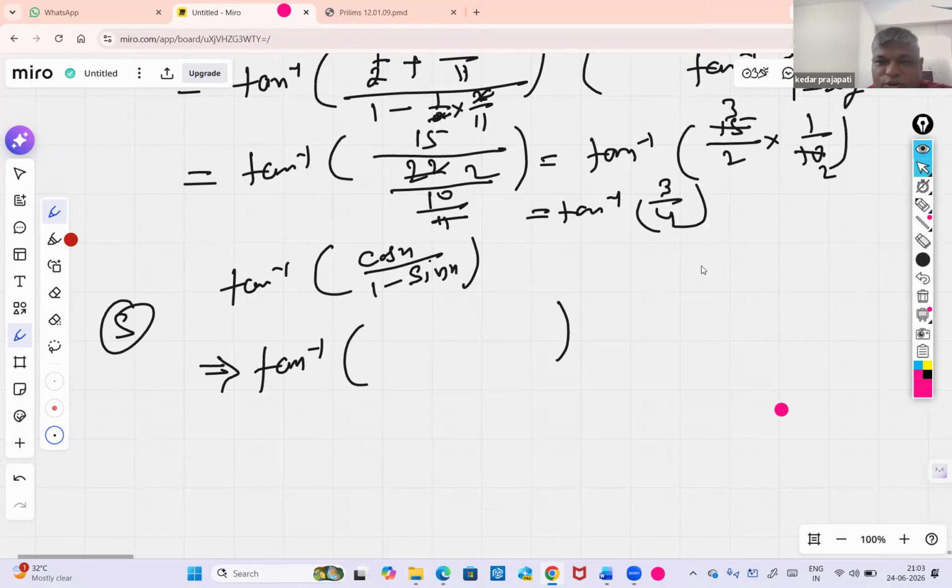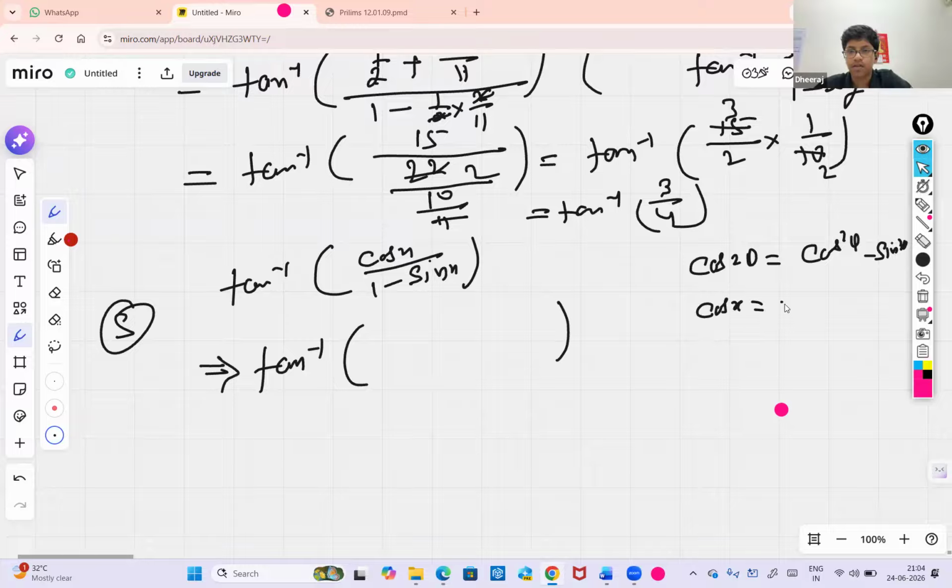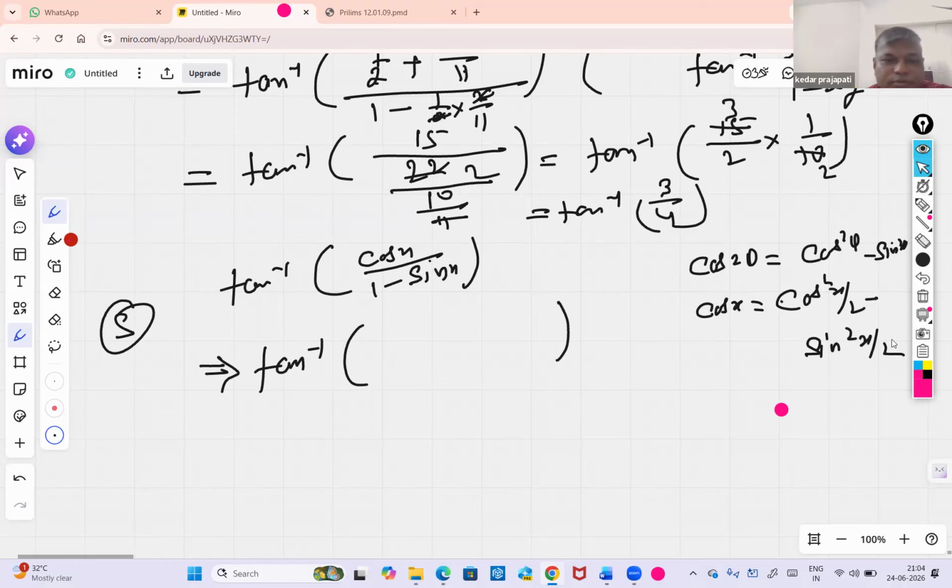Just now we read that cos 2 theta equals cos square theta minus sin square theta. So can we utilize this? So cos x is cos square x by 2 minus sin square x by 2.